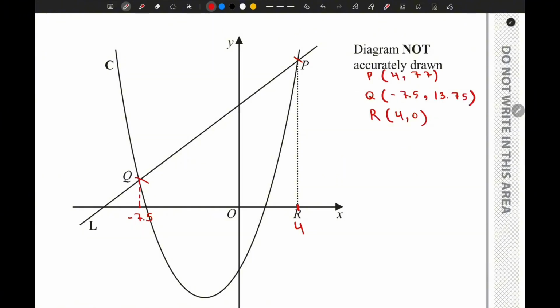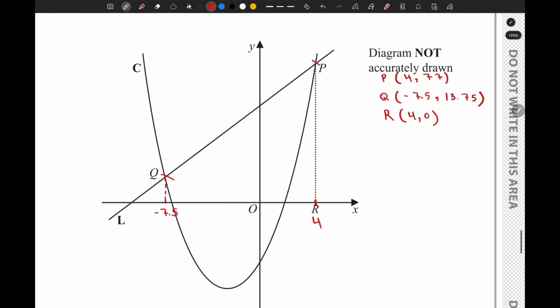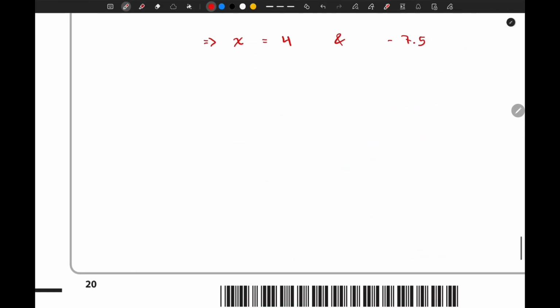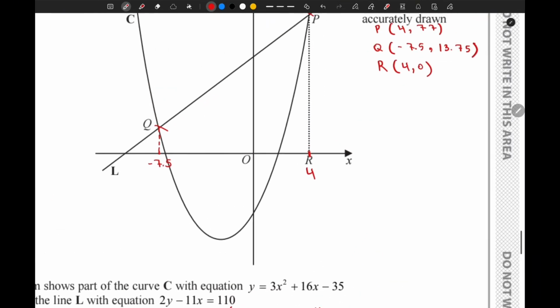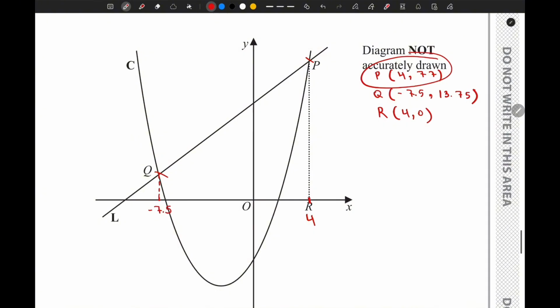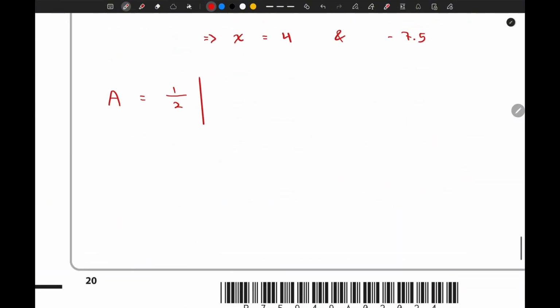Now, in order to find out the area of this triangle, we can use the determinant method. The determinant method states that the area is equal to half times the first coordinate. The first coordinate is P, which is 4 and 77.